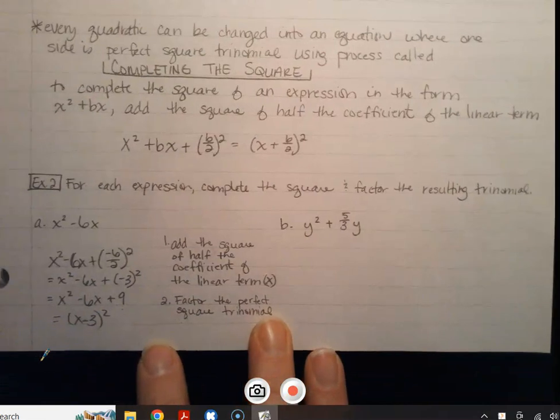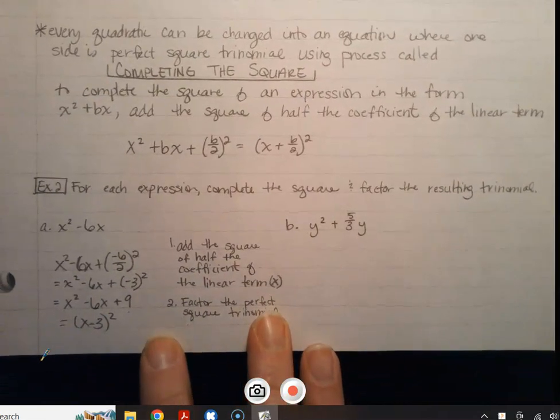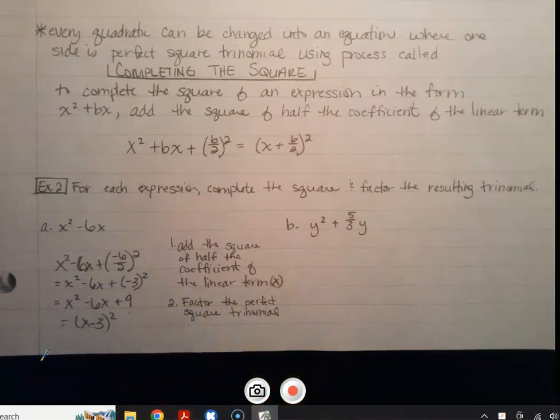Okay, this is where the fun begins. Every quadratic can be changed into an equation where one side is a perfect square trinomial using a process called completing the square. To complete the square of an expression in the form x squared plus bx, we're going to add the square of half the coefficient of the linear term.